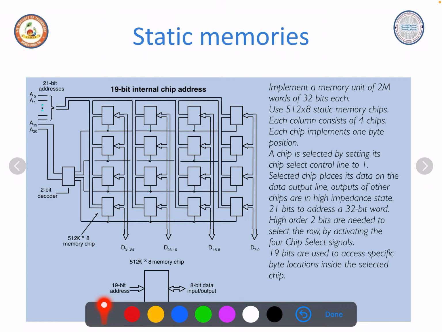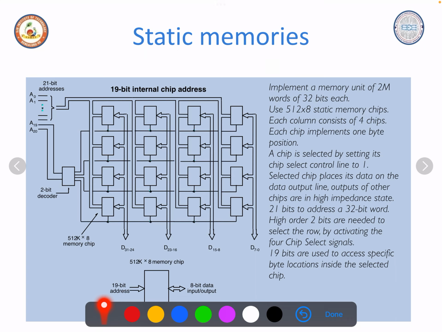Coming to the next one, which is static RAMs, static memories. It's an arrangement of a 2 mega by 32 memory, which is using modules of 512K by 8 bit static memory chips. All these chips you can observe.